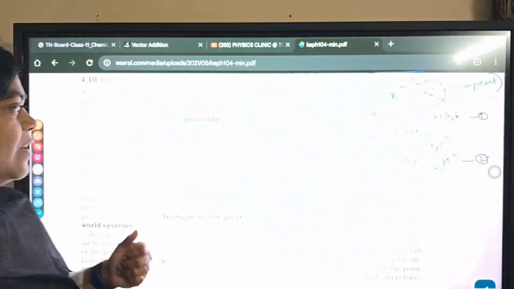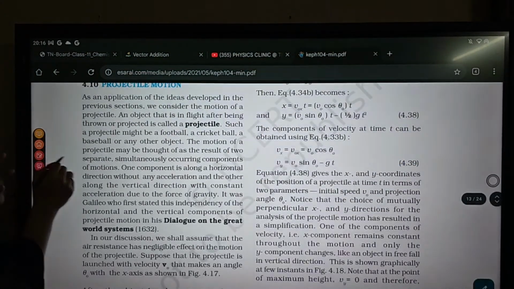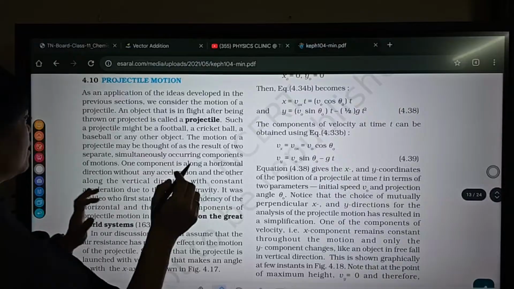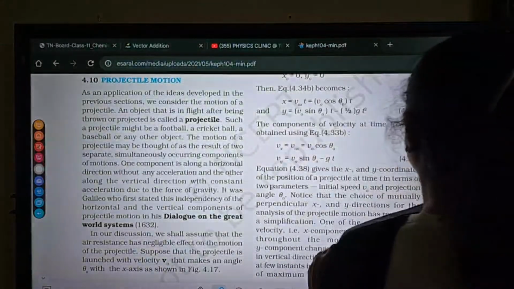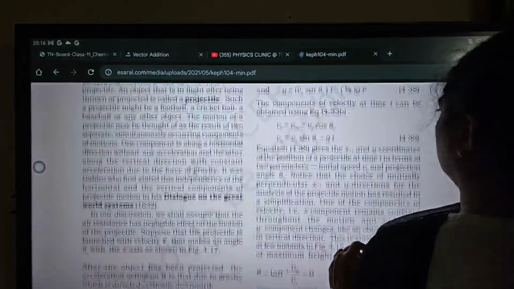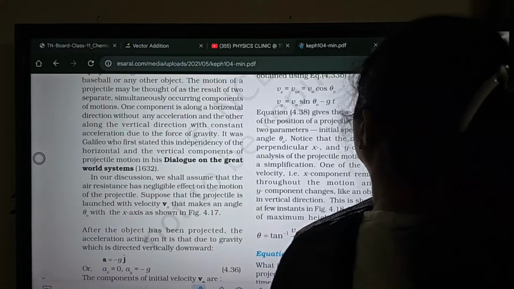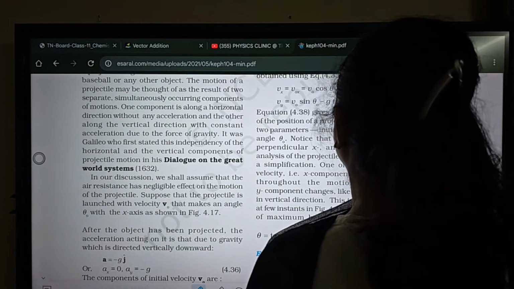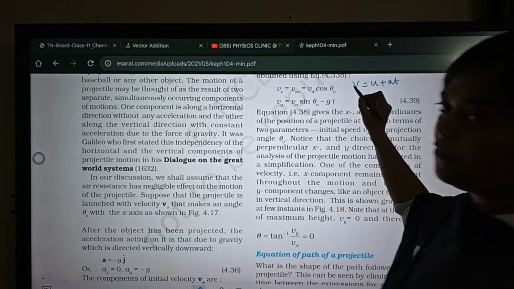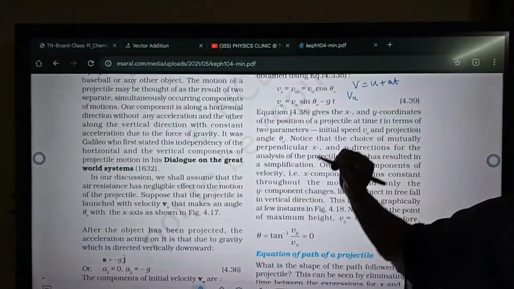Okay, so here we are writing the velocity equation. Here v equal to u plus at. In the place of v, we can write the vx component. First, the x component.